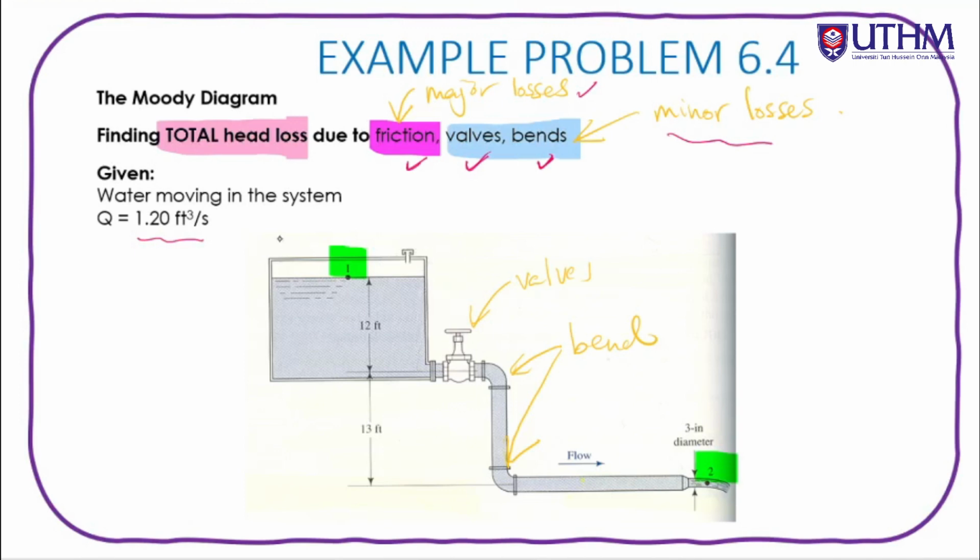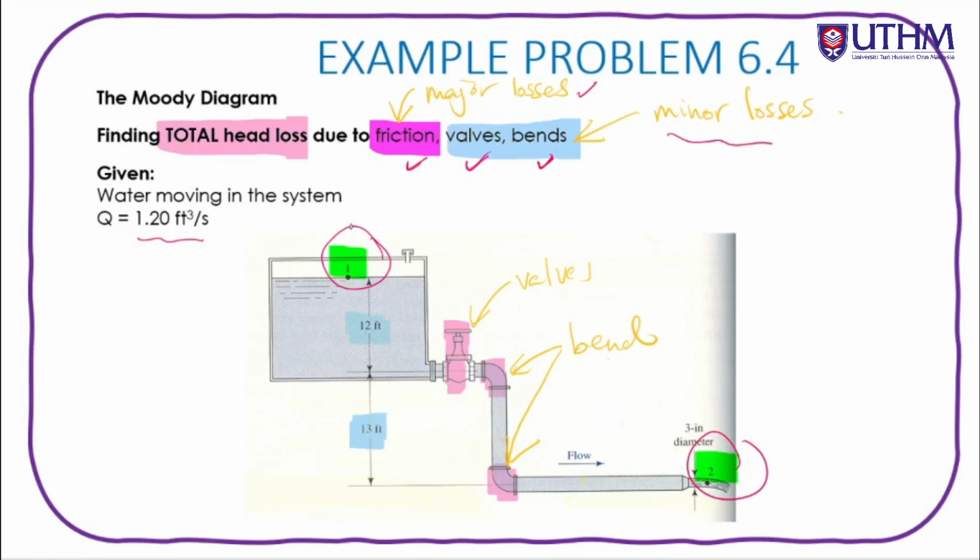So this is the condition here. So diberi this is at position 1 and position 2. And then this is the valve. The valve is here. And then kita ada bend sini dengan sini. So what is other information given is dia punya tinggi lah. Perbezaan antara Z1 dengan Z2 adalah 12 tambah 13 equivalent to around 25 feet lah.